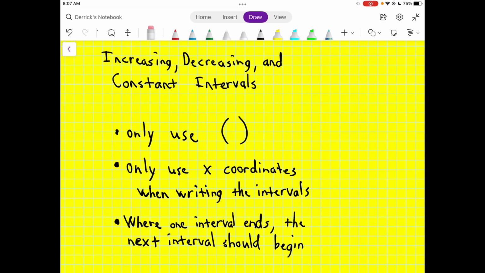Now along with that, there's a couple of things about this that I think make this easier than the domain. First off, you will only ever use parentheses to write your intervals. The reasoning behind that is, when we were choosing between a parenthesis or a bracket with the domain, we were looking at the individual dots, right? We were trying to figure out if we had an open or closed dot. Well, a single dot is not increasing, it's not decreasing, it's also not constant.